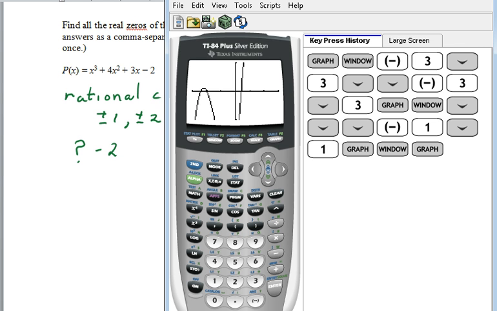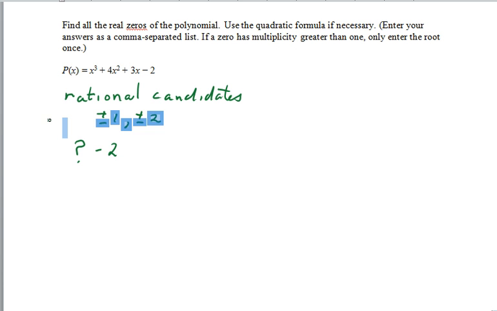I think the other two zeros are irrational, but still real zeros. So let's look at using synthetic division and using -2 as our divisor.